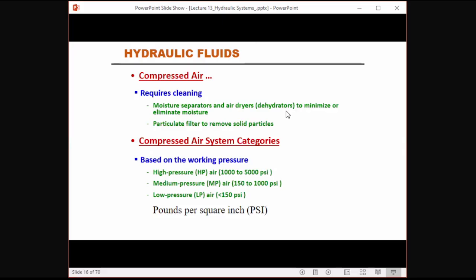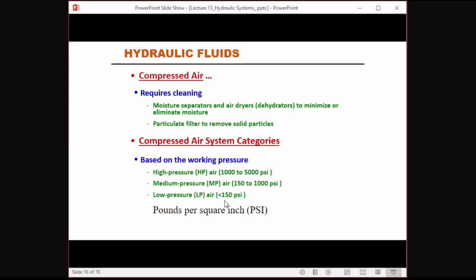We can use bar, then Pascal. These are the other measuring units. Then here we can discuss high pressure, medium pressure, and low pressure air.